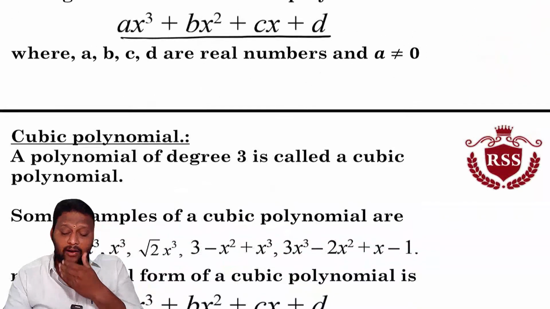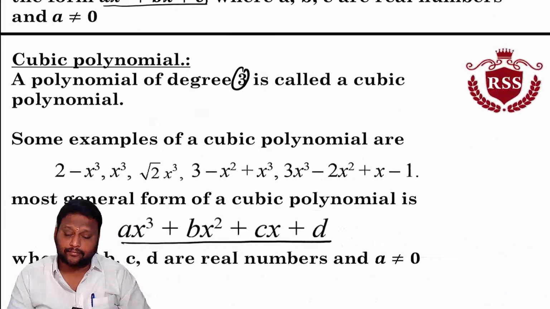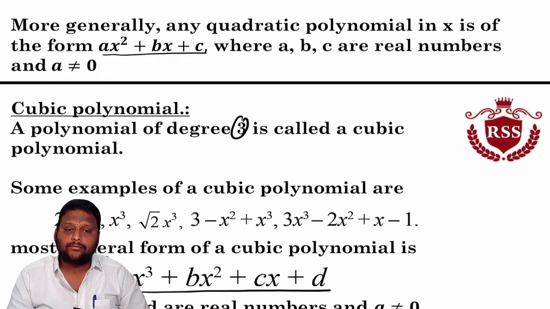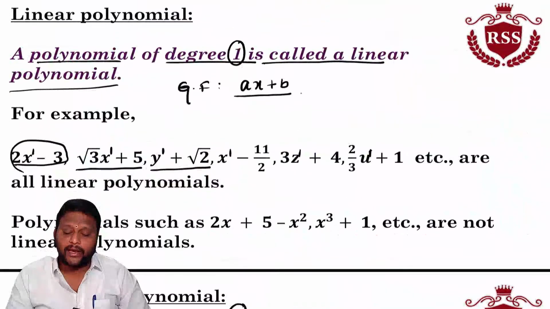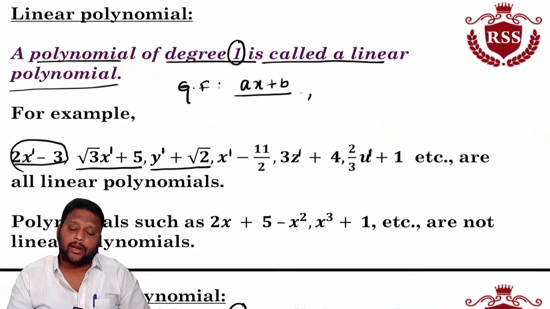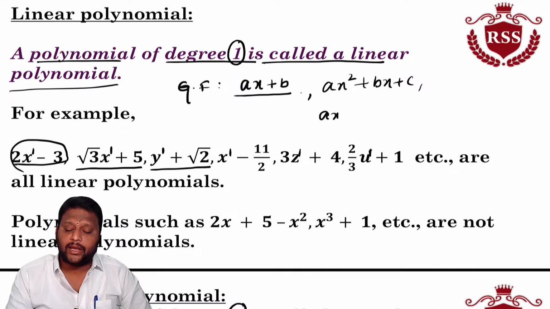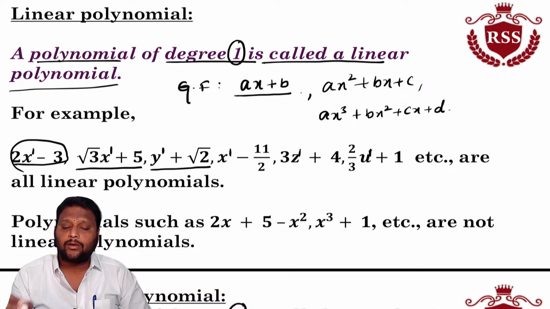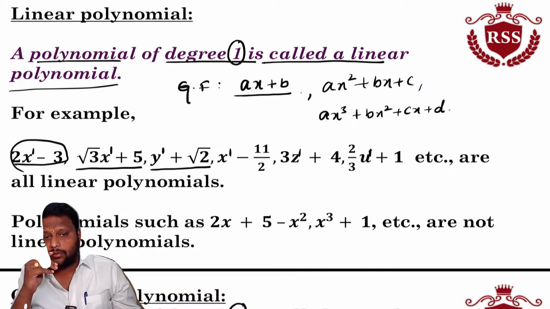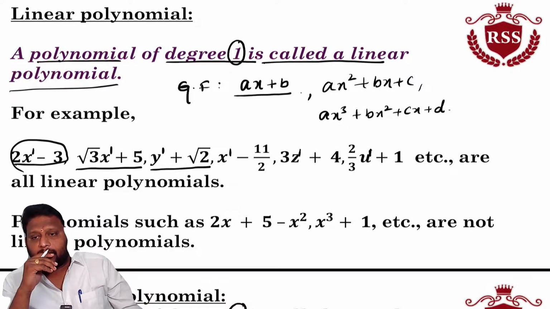The general forms: linear polynomial is ax plus b. Quadratic polynomial is ax square plus bx plus c. Cubic polynomial is ax cube plus bx square plus cx plus d. Got it?